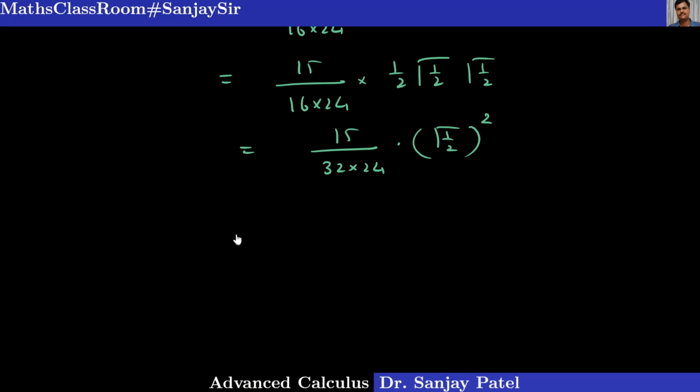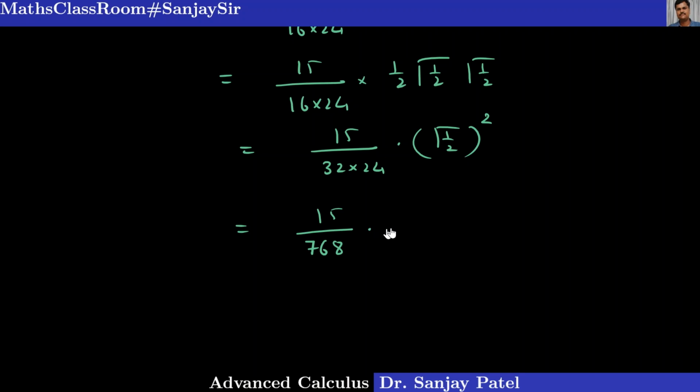If you simplify, you will get 15 upon, if you multiply these two numbers, 768.